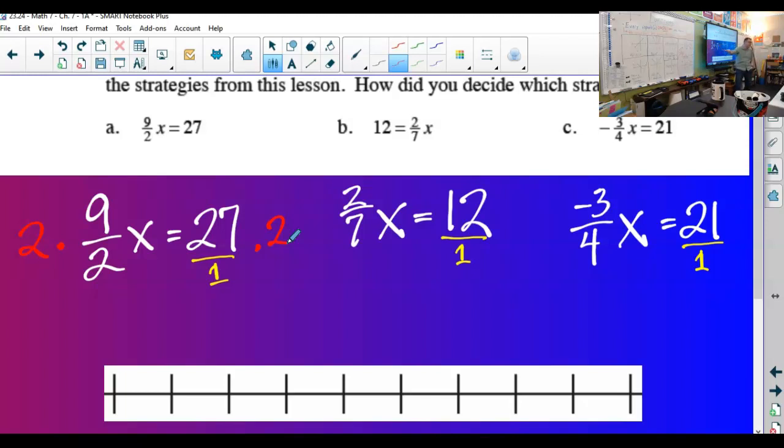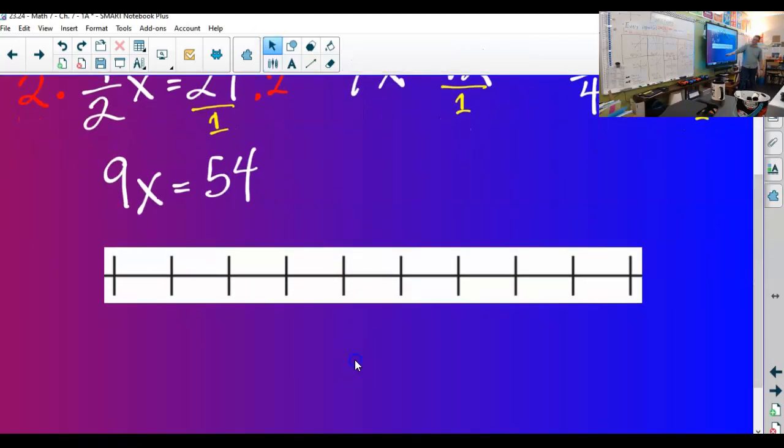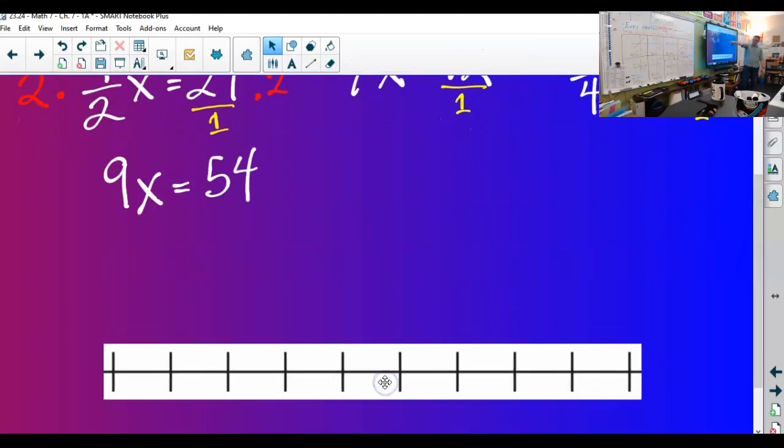What do we still have? We still have 9x equal to, what's 27 times 2? 40, 50, 54. And now, what could I do to undo that 9? Divide by 9. It's multiplying. We can divide.